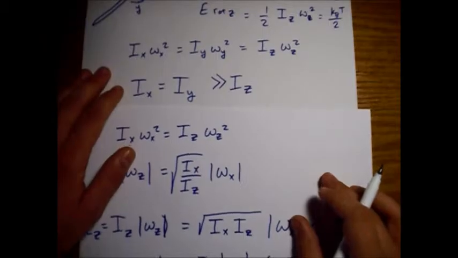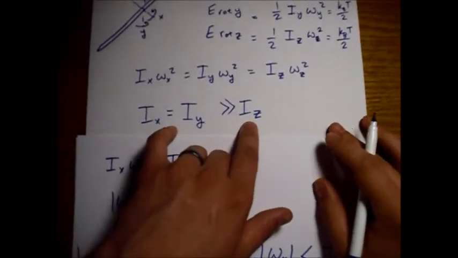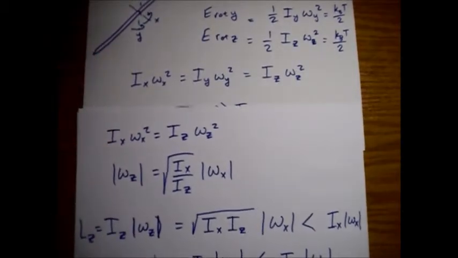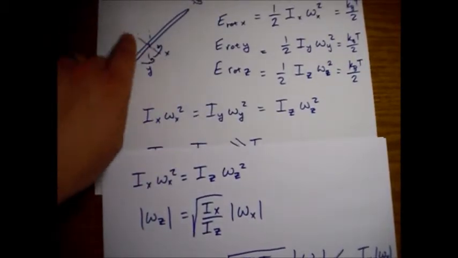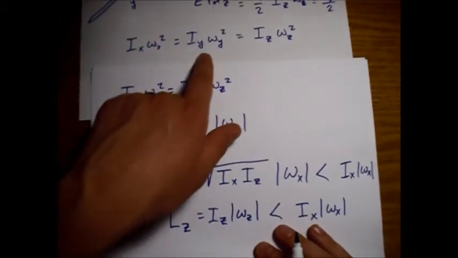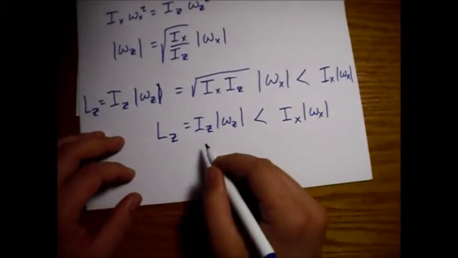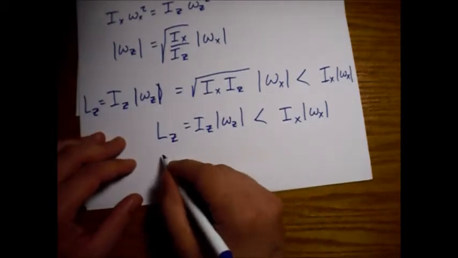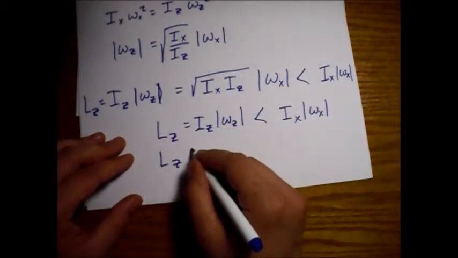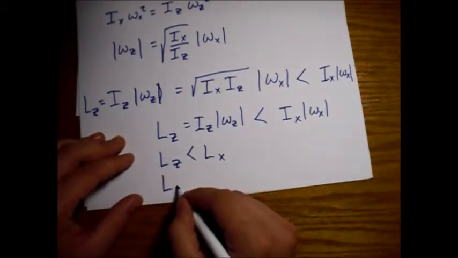So the difference is large, but not as large. It goes as the square root of this ratio. Like we said, x and y are symmetric, so anything we've just said about x will also apply to y. So L sub z is less than L sub x, but also less than L sub y.